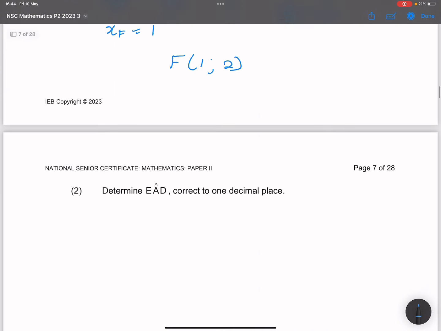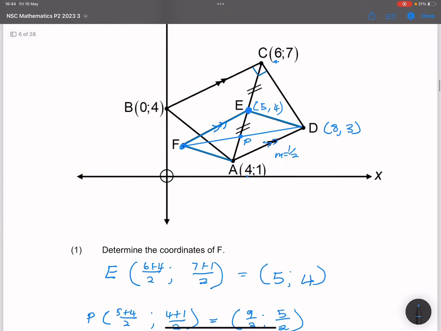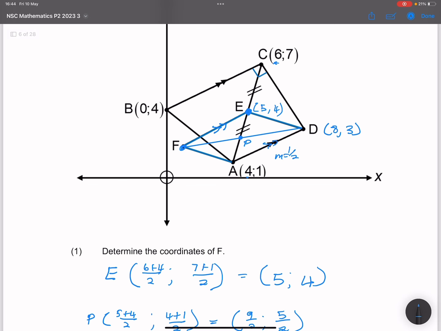And then finally, they say determine the angle EAD correct to 1 decimal place. So let's look at that. So that's EAD, so we are looking for this angle over here.